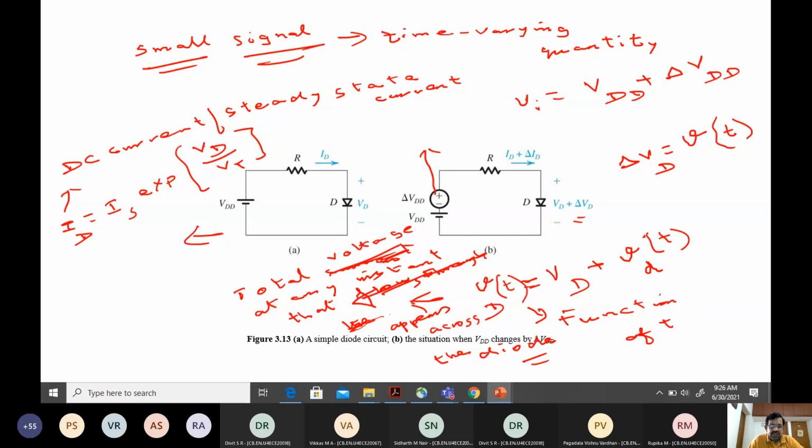With this, let us go further. The steady state equation, steady state means DC. The steady state current-voltage relationship for the diode, I reproduce that equation: ID, capital I, capital D, that flows through the diode is related to the saturation current in exponential manner as VD by VT.